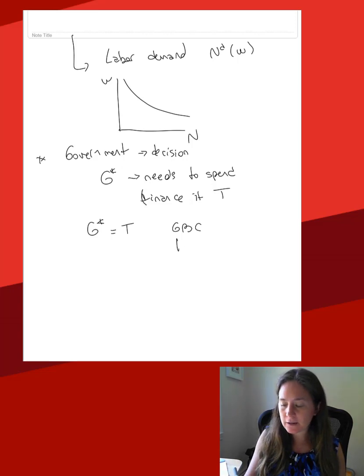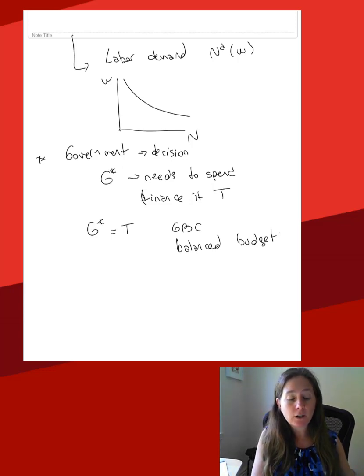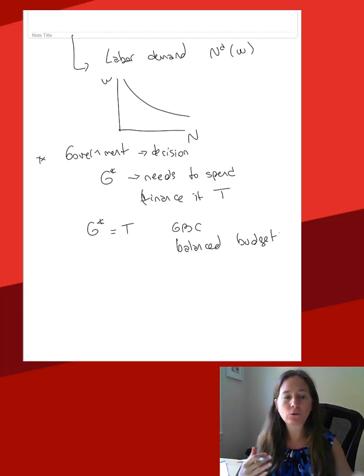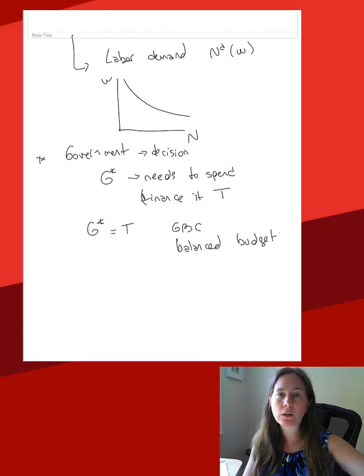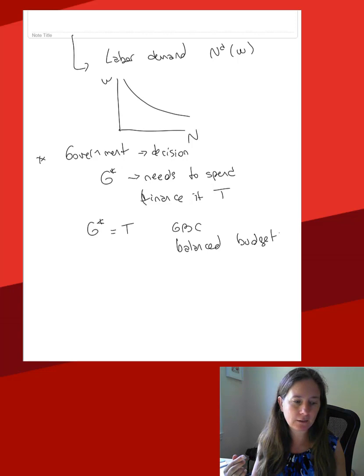And this is a balanced budget because, as we see, we are imposing that the government must make enough tax revenues every period, the T, to finance G without borrowing. Later on, we are going to relax this assumption and start thinking about an environment where there is a possibility of debt.